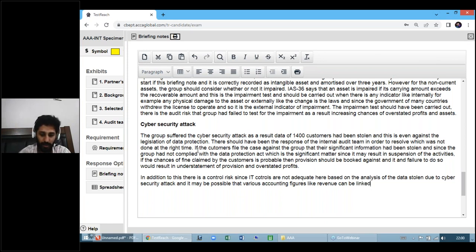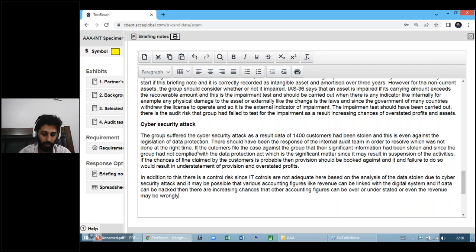Revenue can be linked with the digital system, and if data can be hacked, then there are increasing chances that other accounting figures can be over or understated, or even the revenue may be wrongly recorded in the wrong time period.